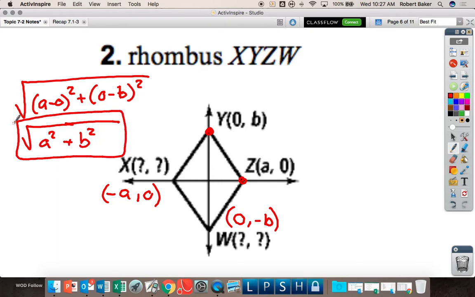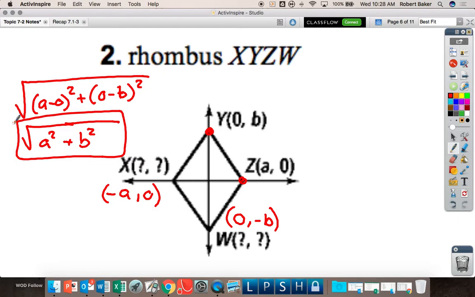Those can't be added. No, that's it. The distance from y to z is the square root of a squared plus b squared. That's the answer. And you just leave it and trust it.